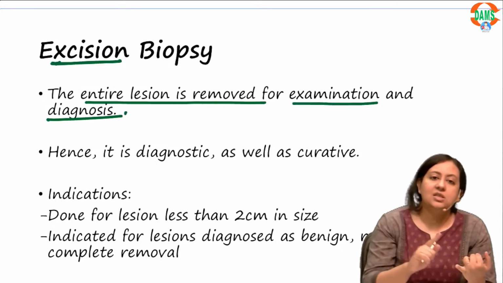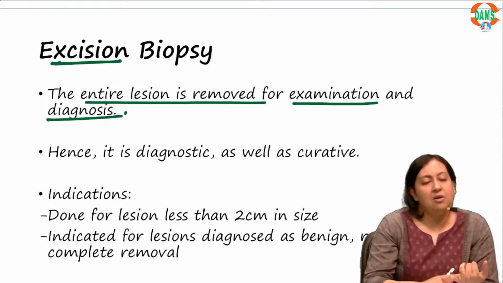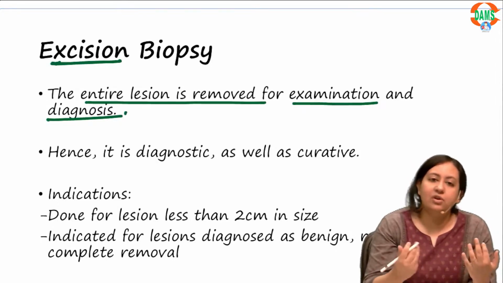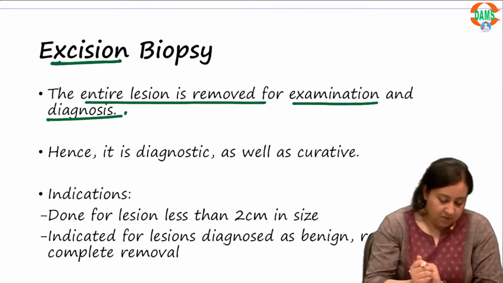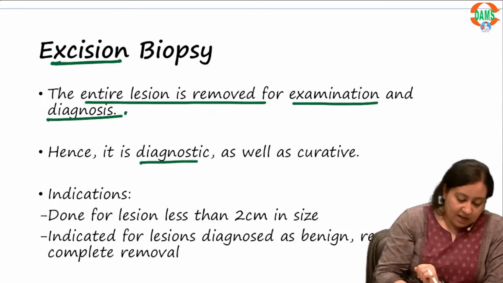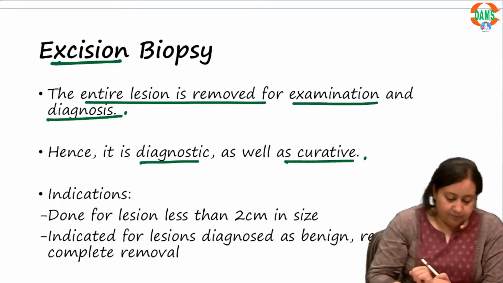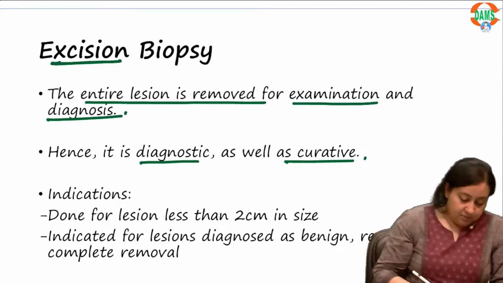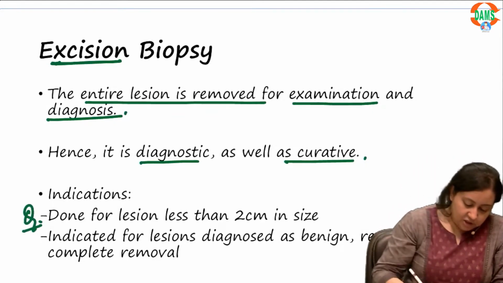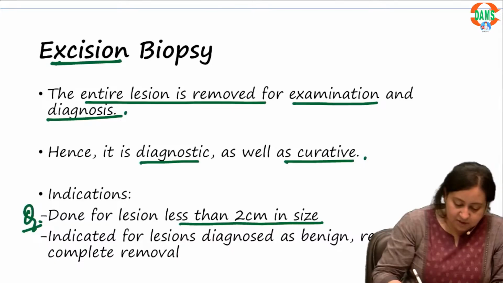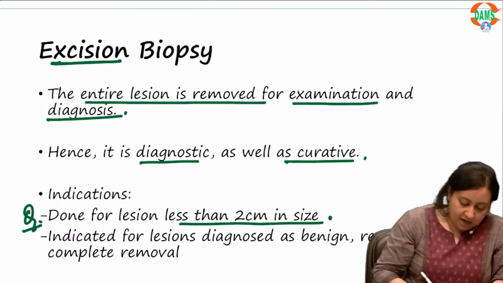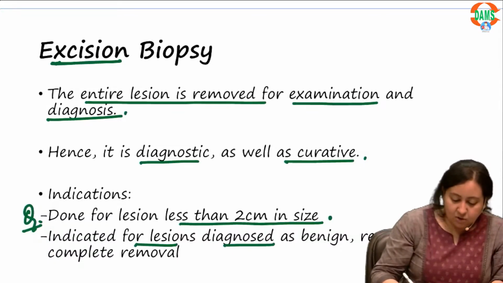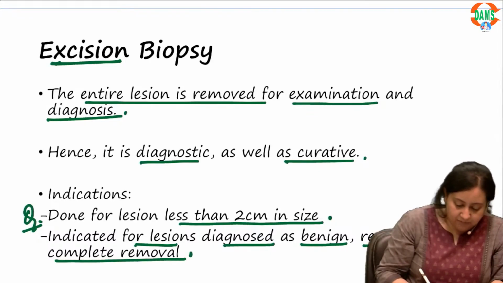So this becomes diagnostic also, and this becomes therapeutic or curative also, because you have removed the entire lesion. So it's diagnostic as well as curative. Indications. Important, this is done for lesions less than 2 centimeter in size and indicated for lesions which are diagnosed or seem benign and require complete removal.